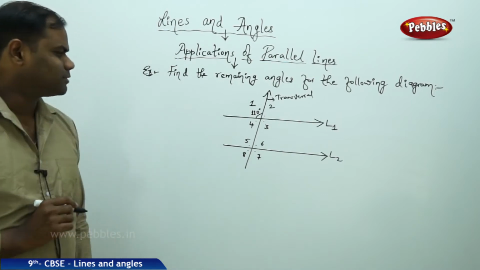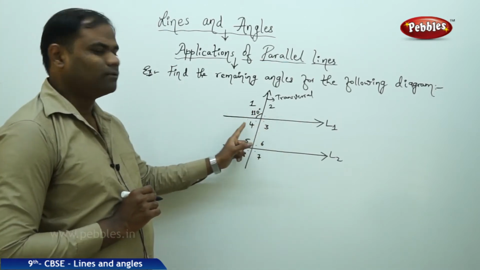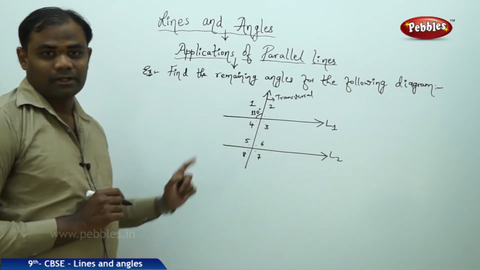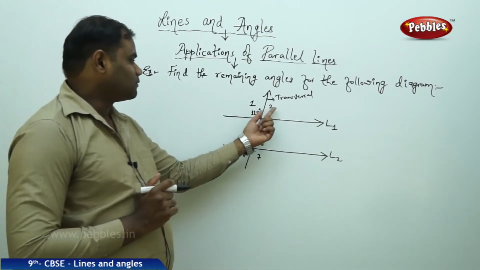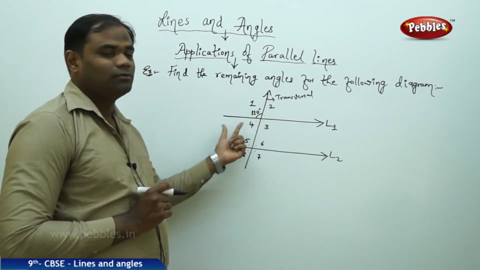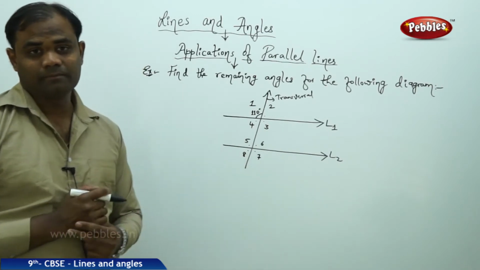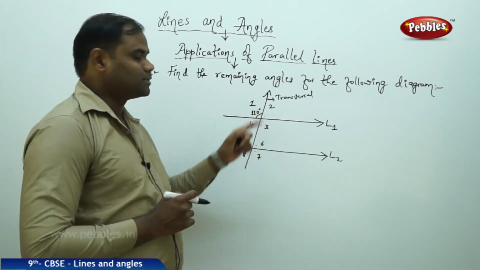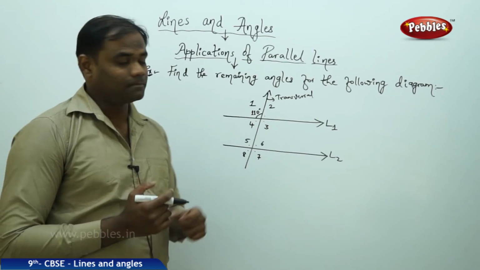So let's represent each of the angles by 1, 2, 3, 4, 5, 6, 7, 8, and let's find each of the angles, angle 2, angle 3, 4, etc. till angle 8 using the first angle which is given to be 110 degrees.